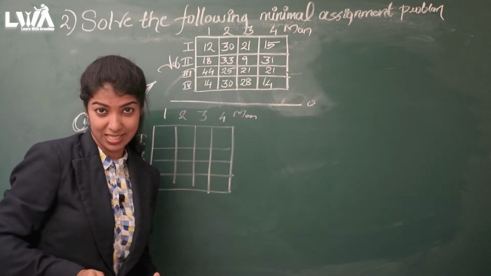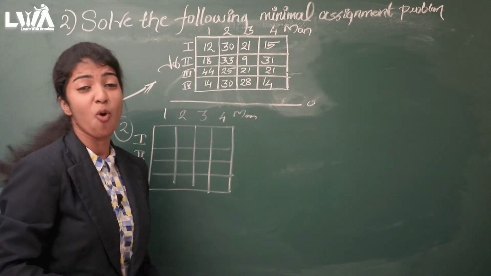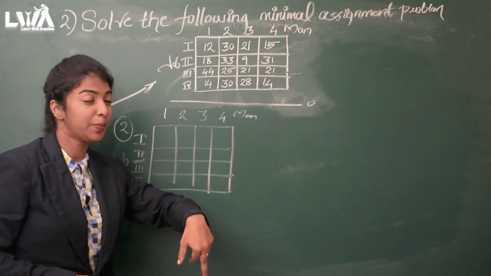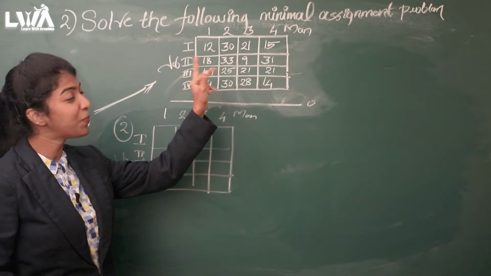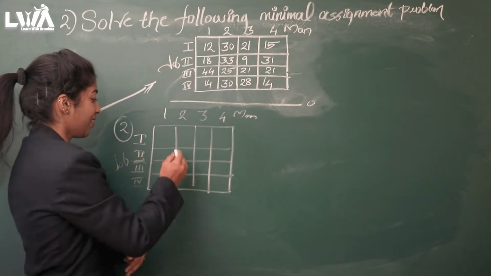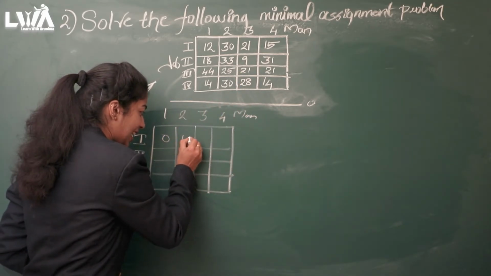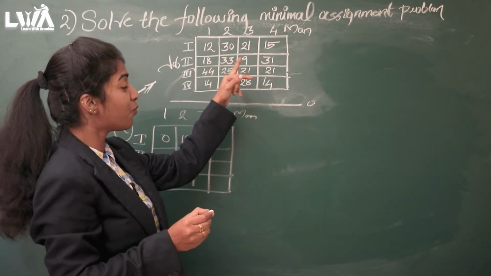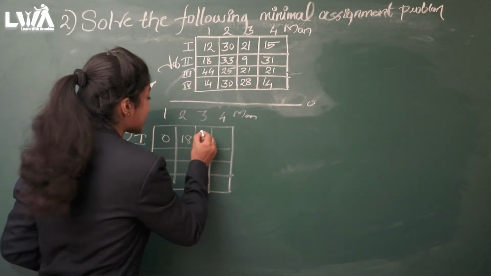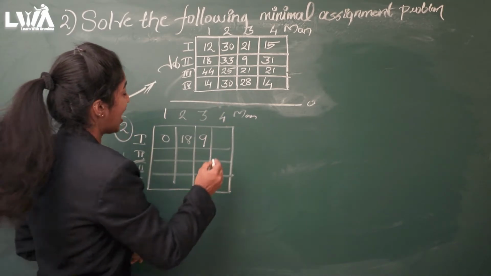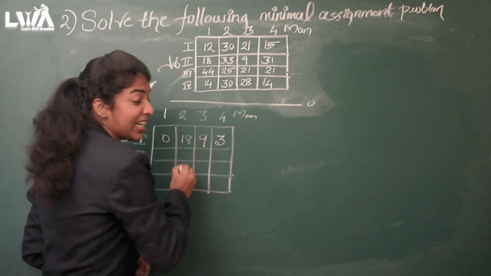Look at the first row. In the first row, which is the smallest element? 12, 30, 21, 15. It is 12, right? 12 minus 12, it's 0. 30 minus 12, 18. 21 minus 12, it's 9. 15 minus 12, it's 3.